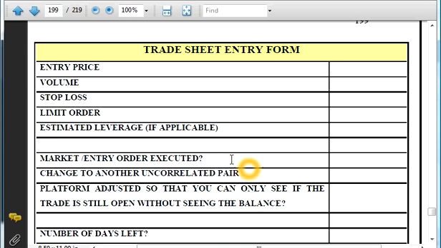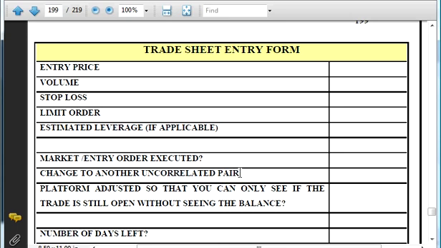You're going to be either entering the market at the market price or placing an entry order in order to ensure that the stop loss conforms to your risk reward capital management guidelines.